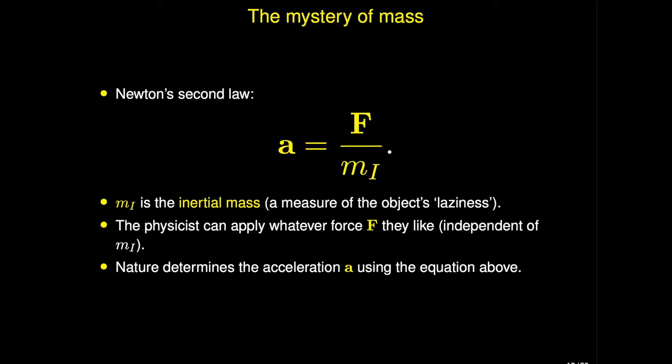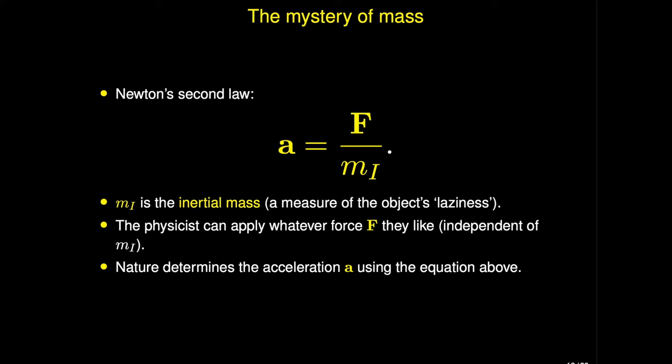The acceleration that I get depends on the mass. If it's a book with a small mass, then that 5 Newton force will move the book quite easily, so you'll get quite a large acceleration. On the other hand, if I apply that same 5 Newton force to a different book that has a bigger mass, then the acceleration I get will be smaller.